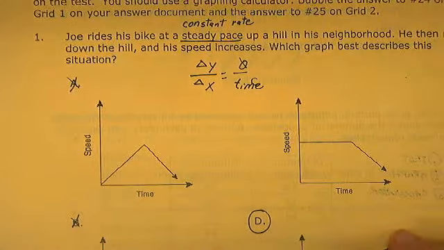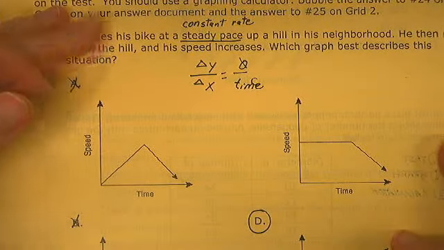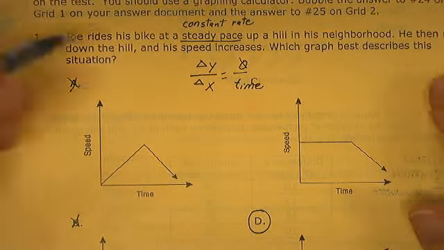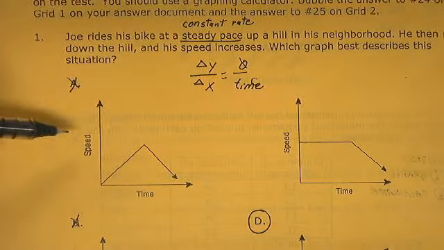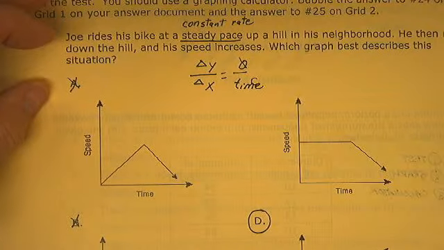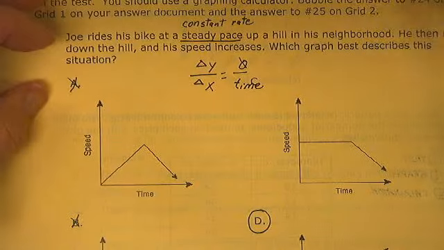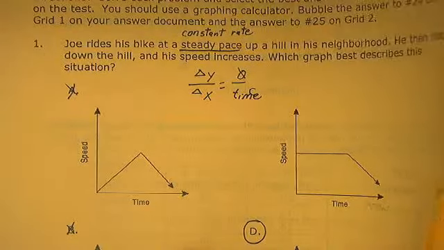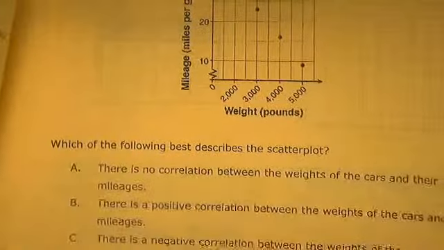What you want to do when you read the text is not match the graph to the shape of what he's doing, and that would just be wrong. This is a question about slope. Constant speed, slope is 0. Going down the hill, his speed increases over time. The answer is D. Next one is number 4.